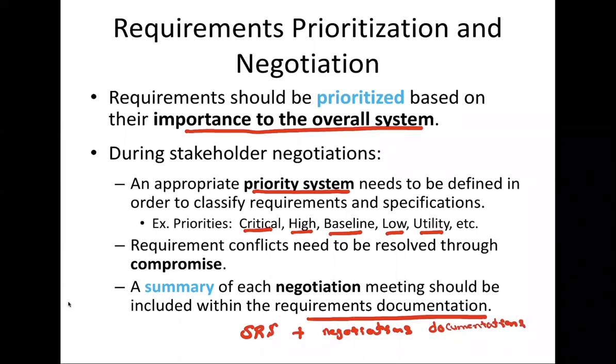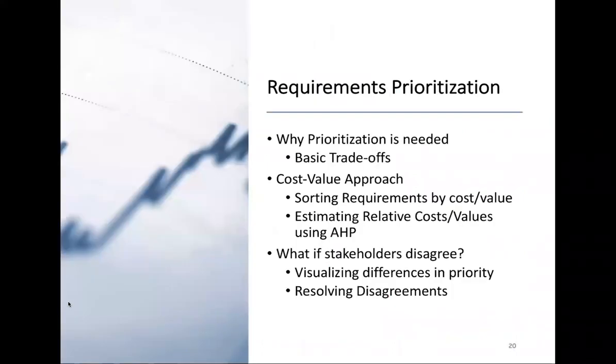So what are the different systems that we could use to prioritize requirements? What are the differences between them? In today's class, I will talk about the cost value approach, but let me start by giving you an overall idea of why prioritization is needed. Let's talk about some trade-offs.